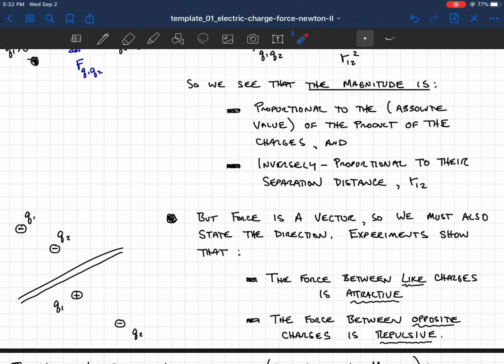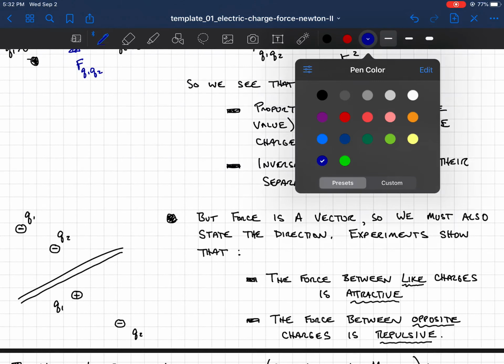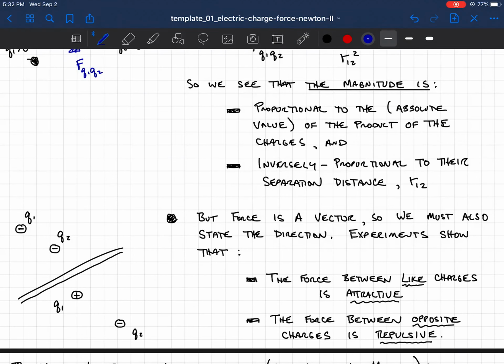So let's just do two more examples for these forces. So what if I were to draw the force on Q2 in this case? So the force on Q2 in this case is going to be a repulsive force, so it's going to point directly away from Q1, and we'd write it as the force of Q1 on Q2. And what about the force on Q1 in the second case due to Q2?